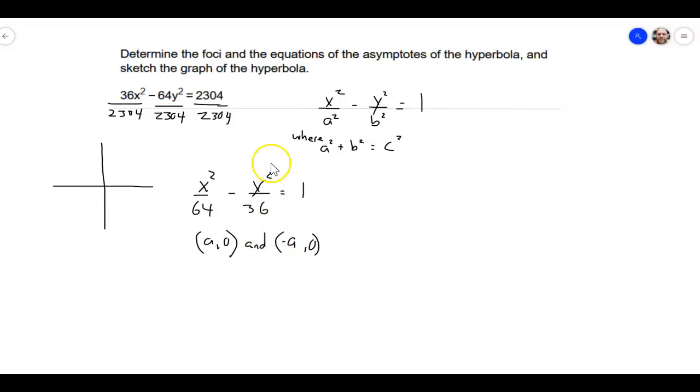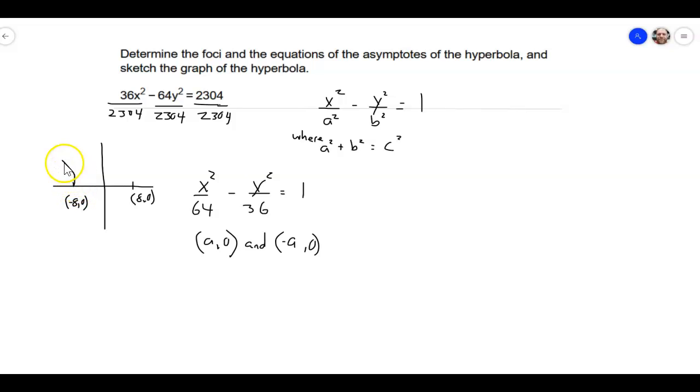So to figure out my a, I know a squared is equal to 64. So just take the square root of both sides. A is equal to 8. And remember, we're only looking at the positive value of a because the formula here makes it negative for us. So that means at (8, 0), and over here at (negative 8, 0), that's where we're going to have our intercepts here.